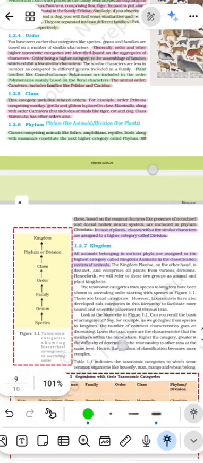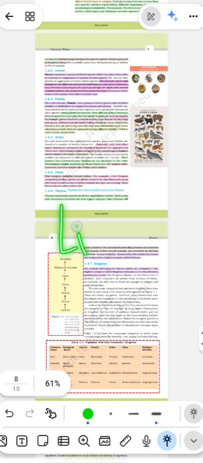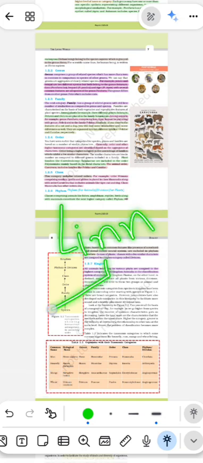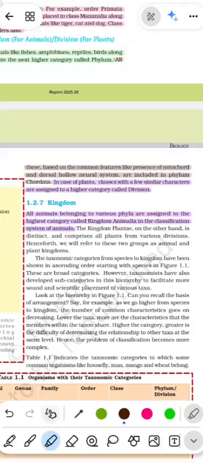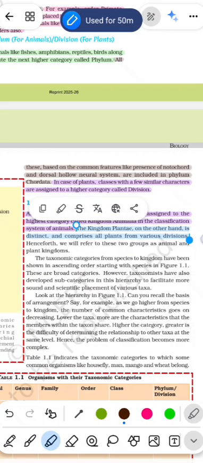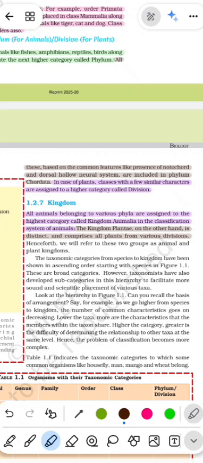Linnaeus divided into two kingdoms, Animalia and Plantae. The kingdom Plantae, on the other hand, is distinct and comprises all plants from various divisions. Okay, so this is another important piece of information. Henceforth, we will refer to these two groups as animal and plant kingdom.